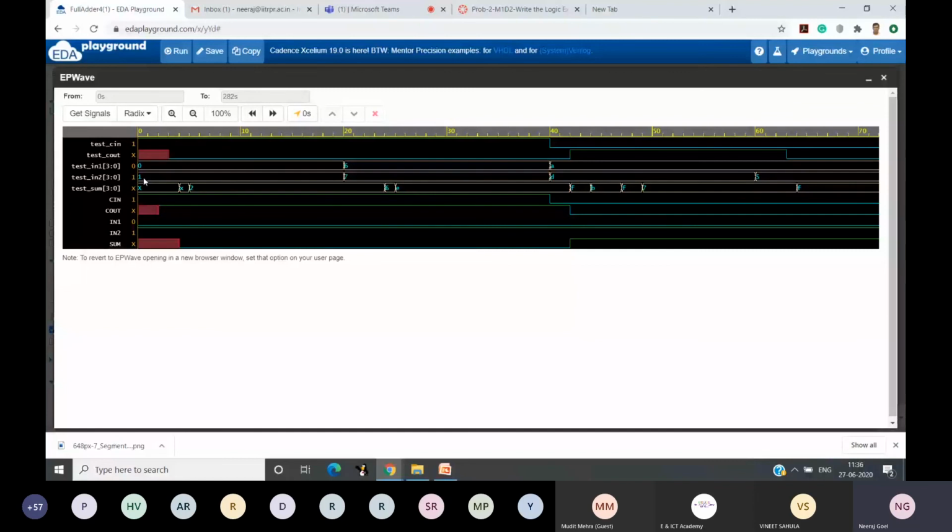There was a carry 1 only at this time, which is 5 units of time. Only after 5 units of time we could know the value of sum. So that means my overall delay of this 4-bit adder is at least 5 units of time.